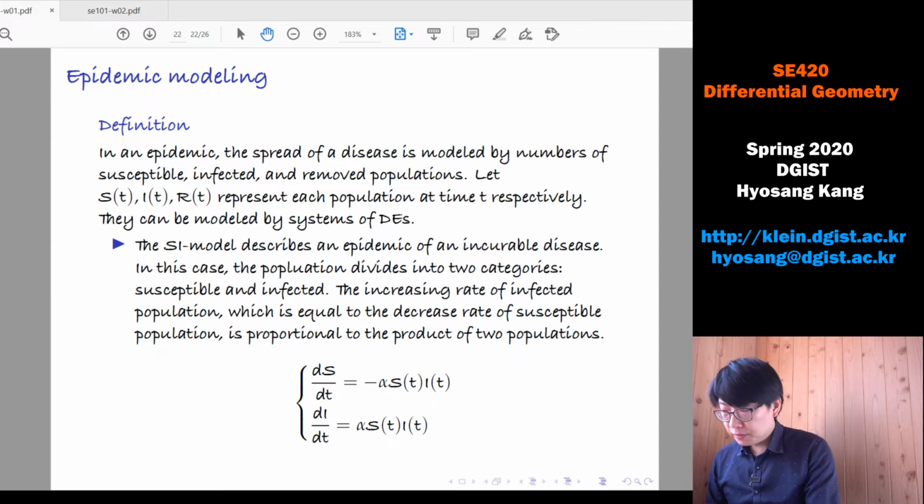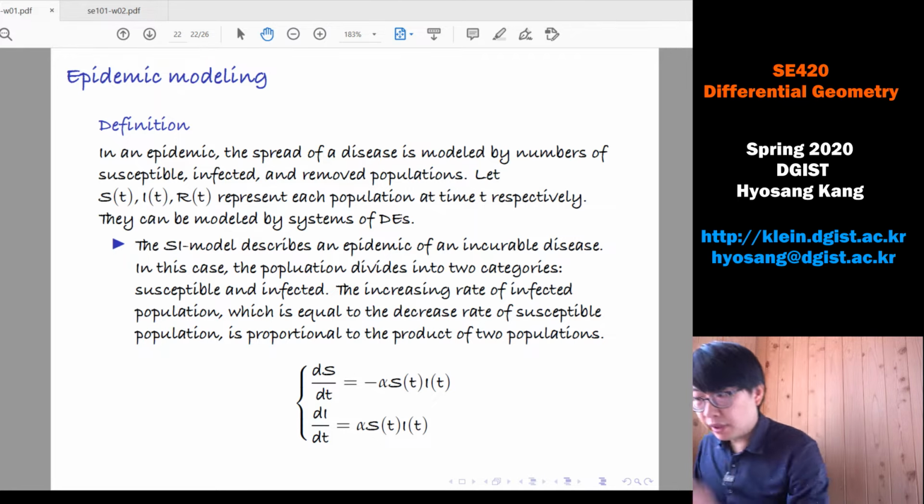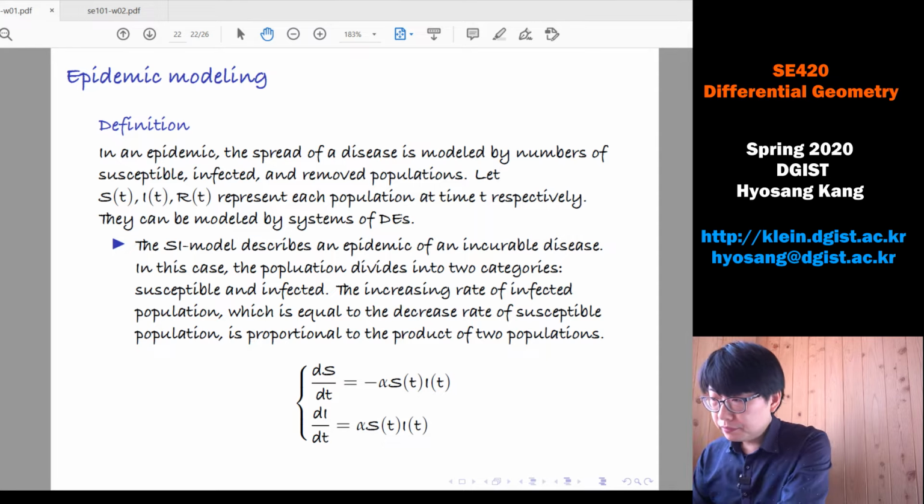I think this is the best time for you to understand this differential equation, because we have a situation almost exactly equal to this model, and the data is updating every day. I think this could be a good project if you want to predict what could happen after a month or two.